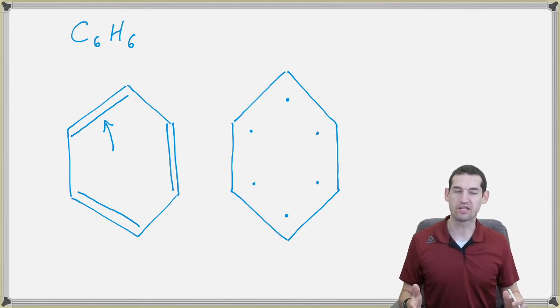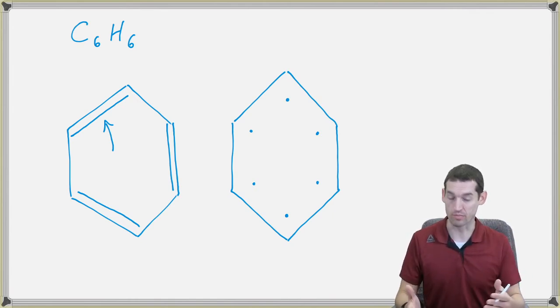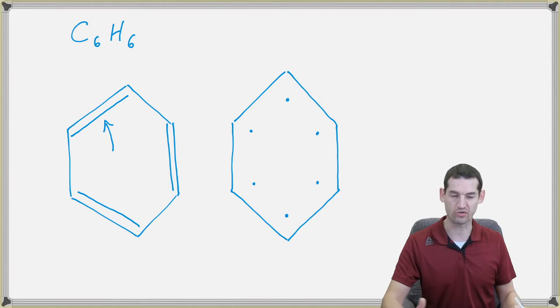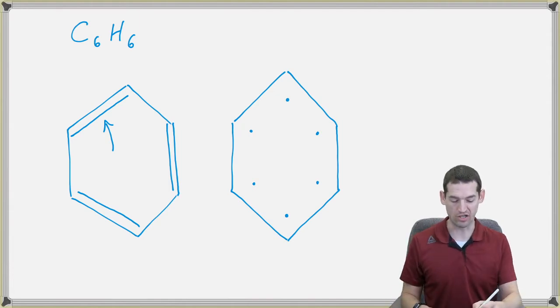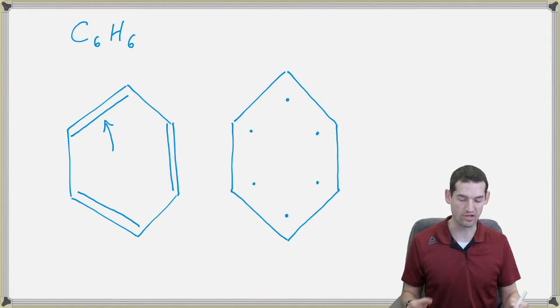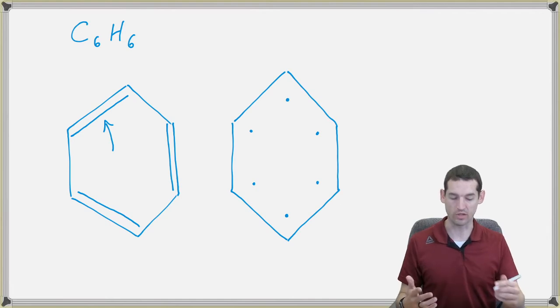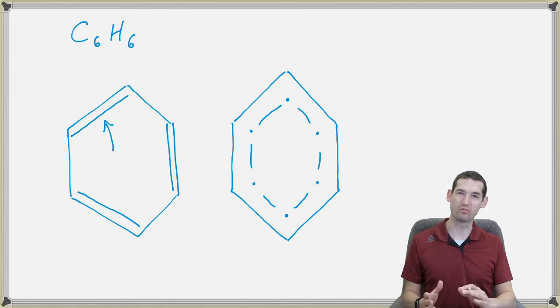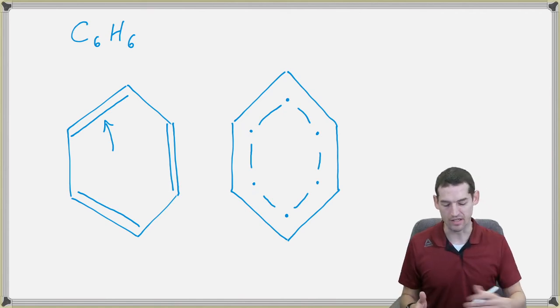But now we don't think that they're double bonds because they don't behave like double bonds. And what we kind of think is that all of these 6 electrons, instead of being shared between just 2 carbons, are equally shared between all of them. And so we kind of end up with this pseudo double bond somewhere in between a single bond and a double bond, in between all of them.